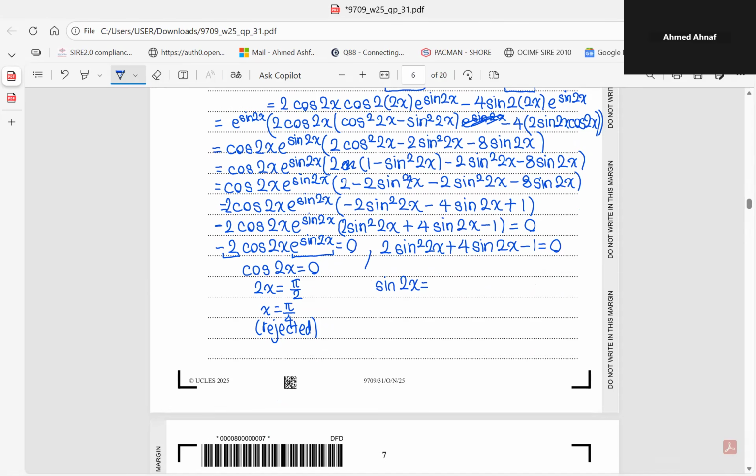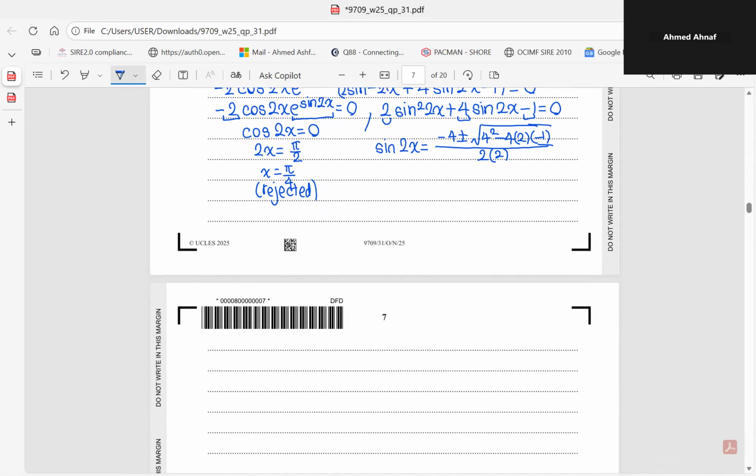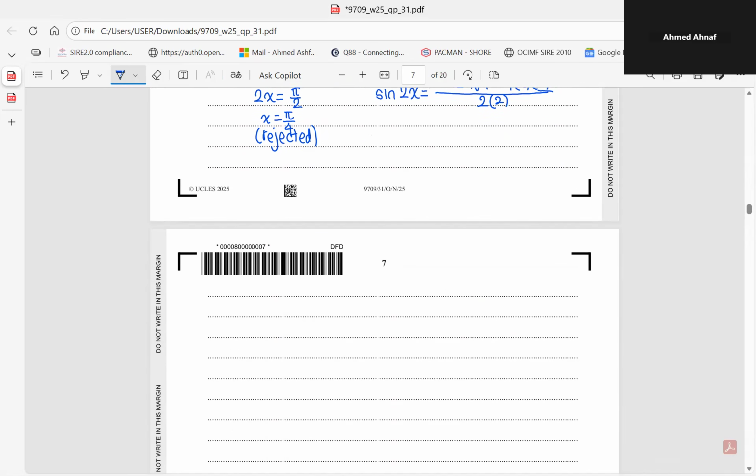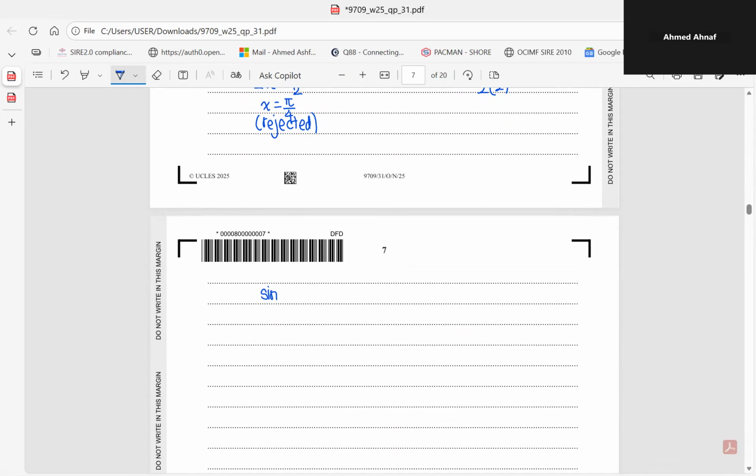So sine 2x equals minus b, so minus 4, plus or minus the square root of b squared, so 4 squared, minus 4 times a, which is 2, times c, negative 1, over 2 times a, which is 2 times 2, which is 4. Let's continue to the next page. We'll write both of our answers for sine 2x here.